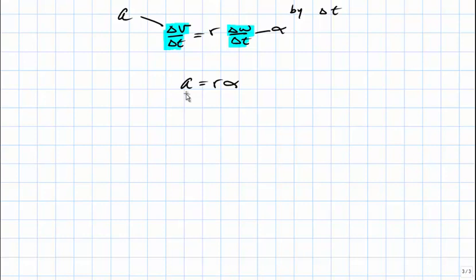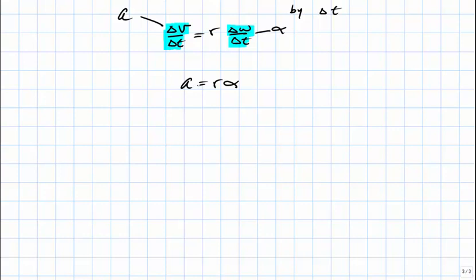Now, this acceleration is known as linear or tangential acceleration. Later, we're going to talk about something called centripetal acceleration, and we need to distinguish between these two types of acceleration.